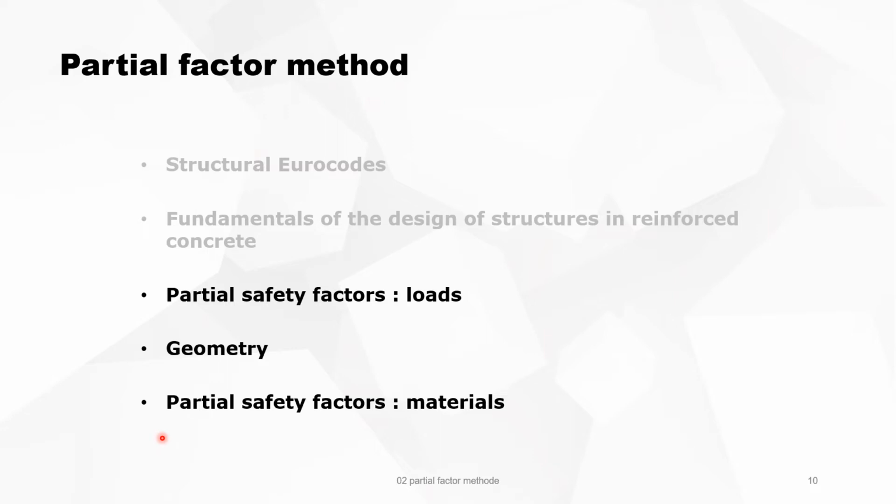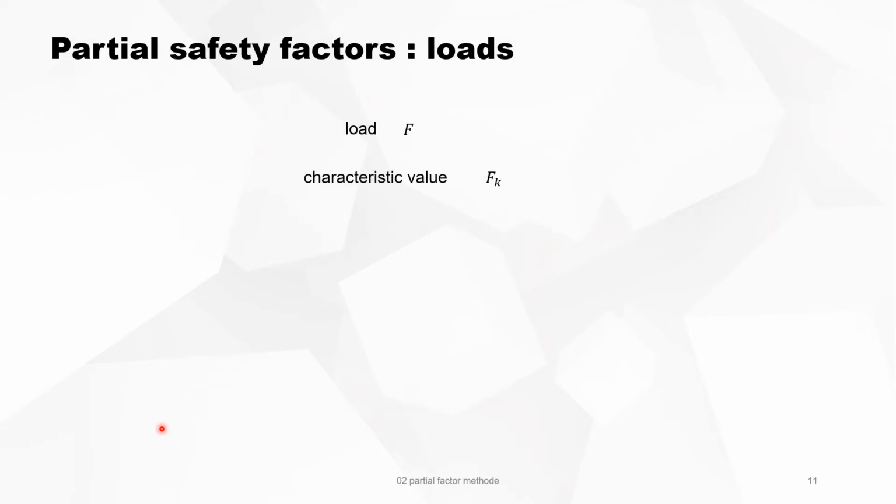Now we will look at the partial safety factors for loads in more detail. You have a load F. From the load F, you derive a characteristic value by means of probability distributions. You multiply it, because it's a load, sorry, by a safety factor and you arrive at the design value.